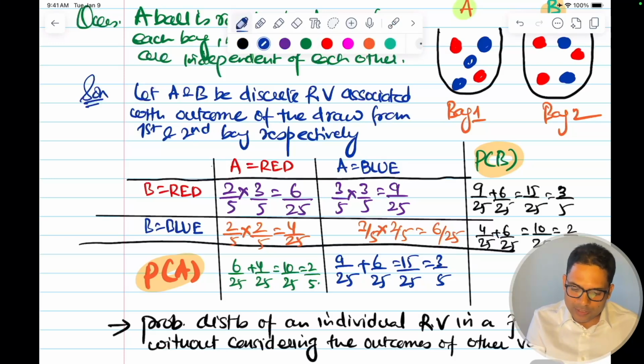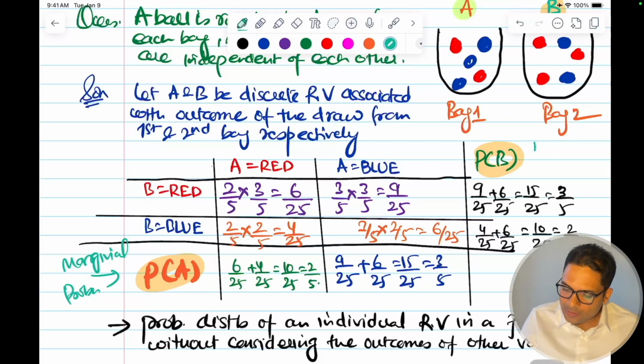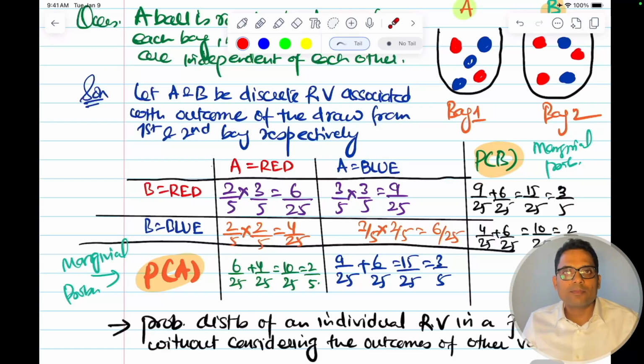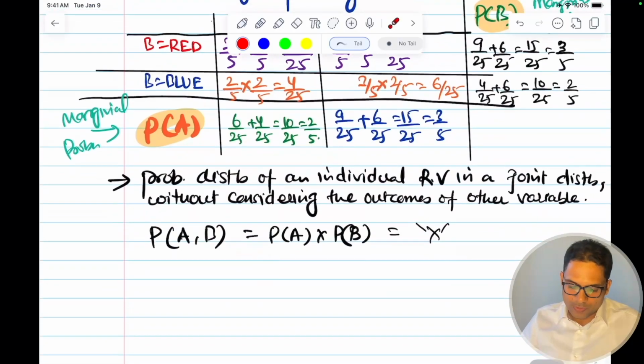And all these sections here are giving you the marginal probability of A. Here it is the marginal probability of B. With this, I think it should be pretty much clear what marginal probability is.